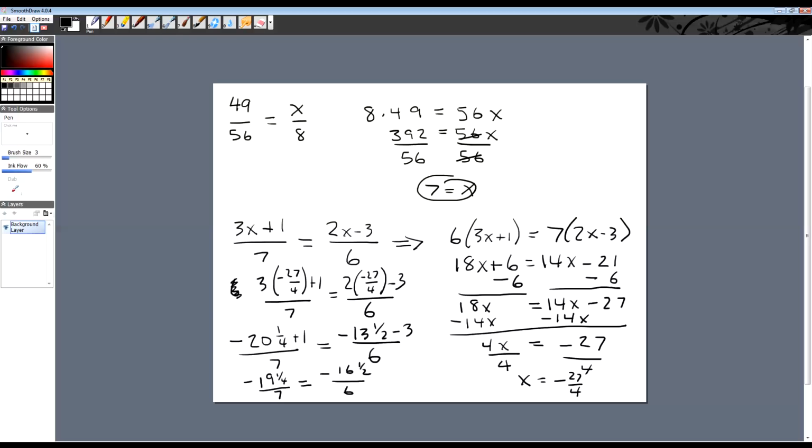So negative 16.5 divided by 6 is negative 2.75. And negative 19 1/4 divided by 7 is also equal to negative 2.75. So negative 2 3/4 equals negative 2 3/4. This is validated. So this solution, where x equals negative 27/4, is the answer that we're looking for here.